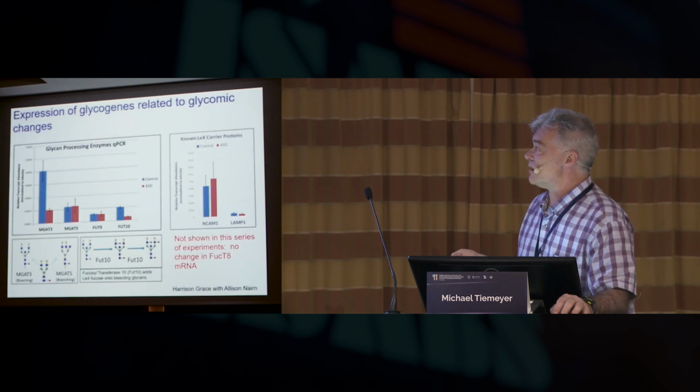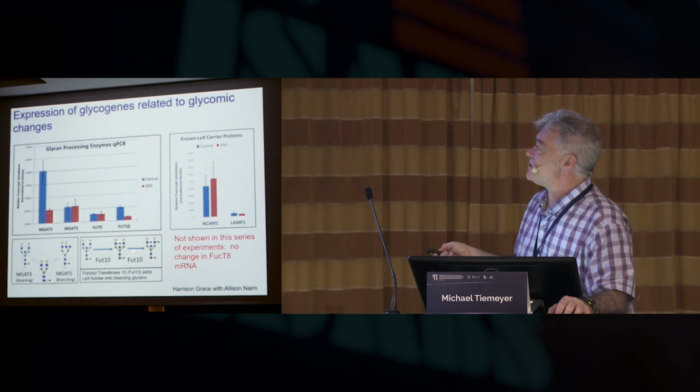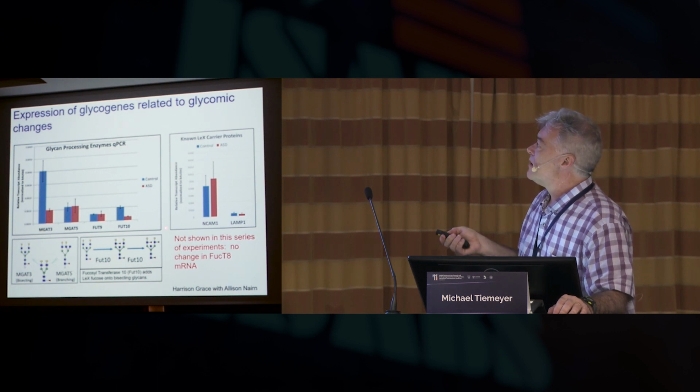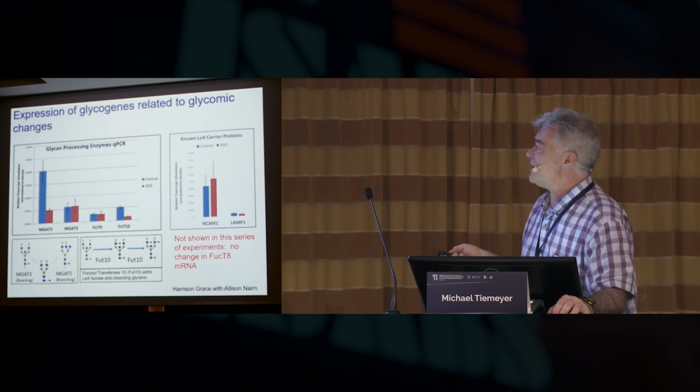And this correlates with some transcriptional changes we saw. So MGAT3 is decreased in the patient, and FUT10 is decreased in the patient as well. So that probably explains the shift in the core bisecting and the Lewis-type fucosylation. I'm not showing it here, but we did not see any change in FUT8, so the core fucosylation enzyme did not change in its relative abundance.